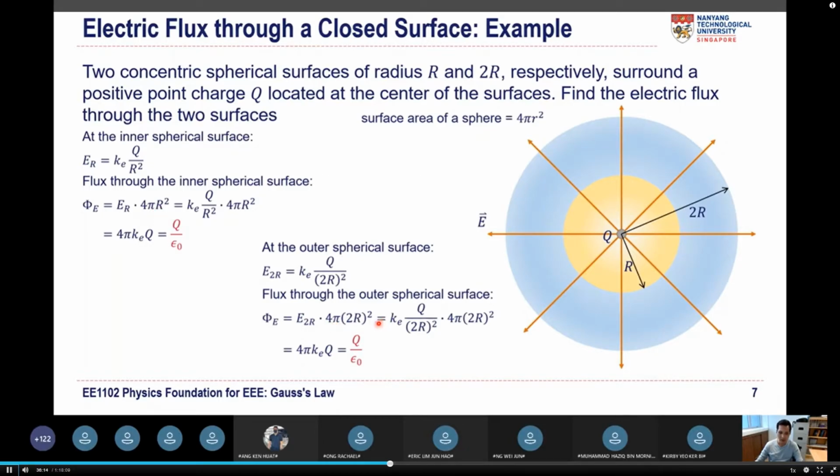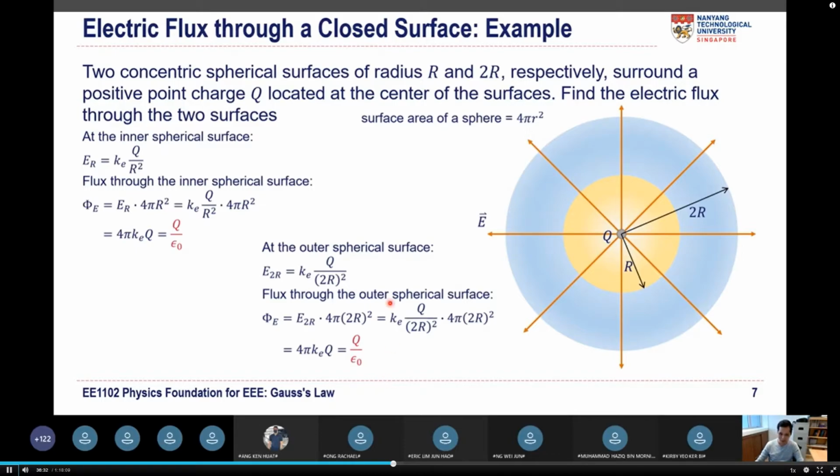It was r squared here, but now it is (2r) squared. And if you expand this out and cancel some things out, we get to the same point, and we can express this as Q over epsilon 0.